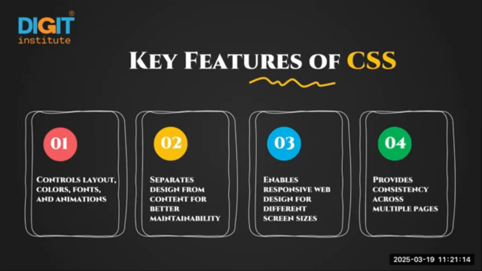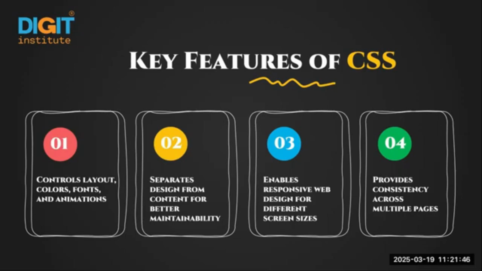The fourth one is that it is going to provide consistency in each and every page. Consistency in the sense that once we decide the color theory, what type of colors we are going to use, what type of fonts we are going to use, how the structure will be, how we are going to design it, how we are going to align the layout, all these things are going to be helpful for each and every page. Because we are going to maintain the whole application with the same consistency of color theory and typography and everything.